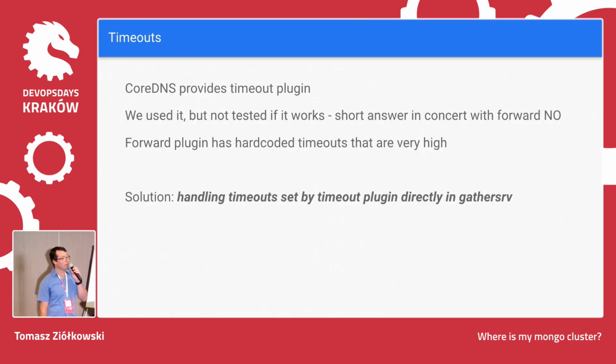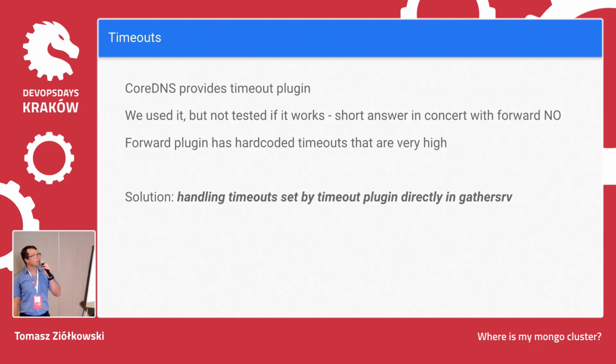And why? CoreDNS provides a timeout plugin that allows us to configure how long we can wait for the response from the whole server, and this timeout is passed to plugins as a context.